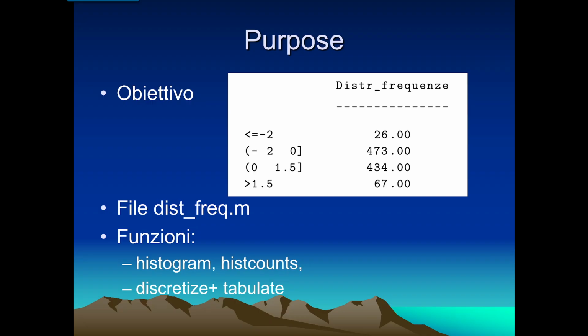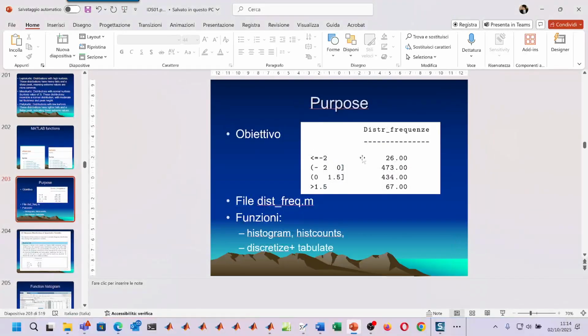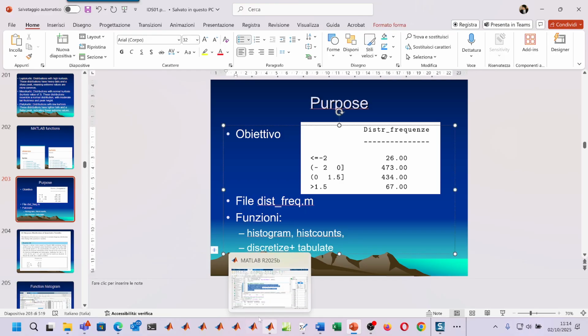And now we have to compute the frequency distribution. This is the purpose. You can do it in different ways, and now we are going to review them very quickly. Let us call this frec.